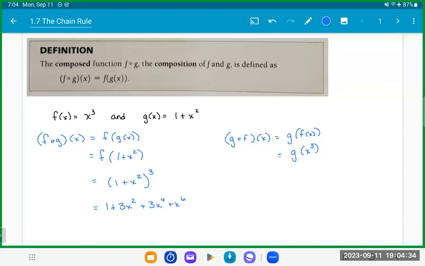So that gives me 1 plus x cubed squared, and x cubed squared is x to the 6. Okay, so you can see that g of f of x is not the same as f of g of x. Okay, question.